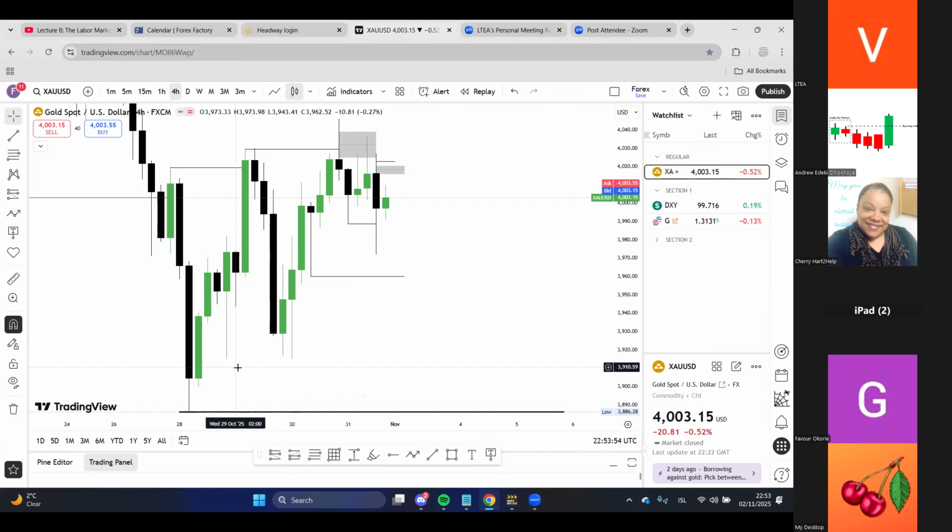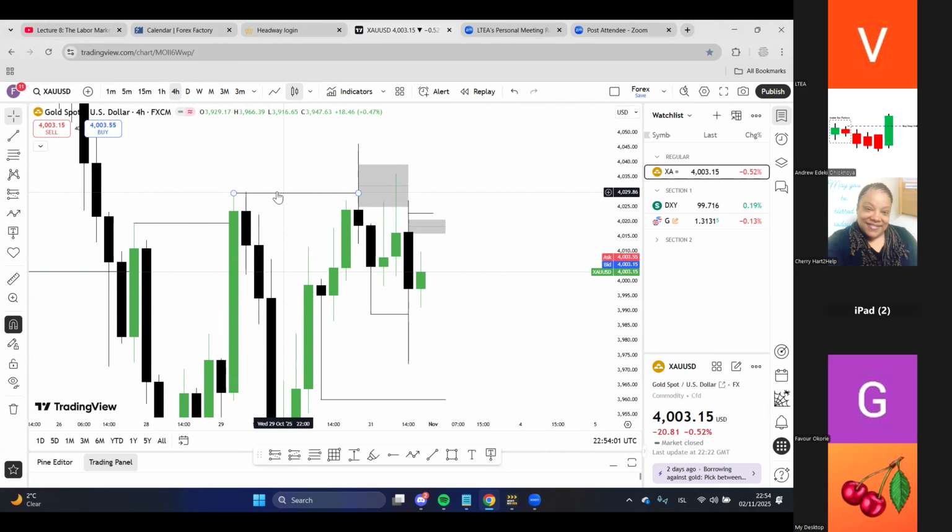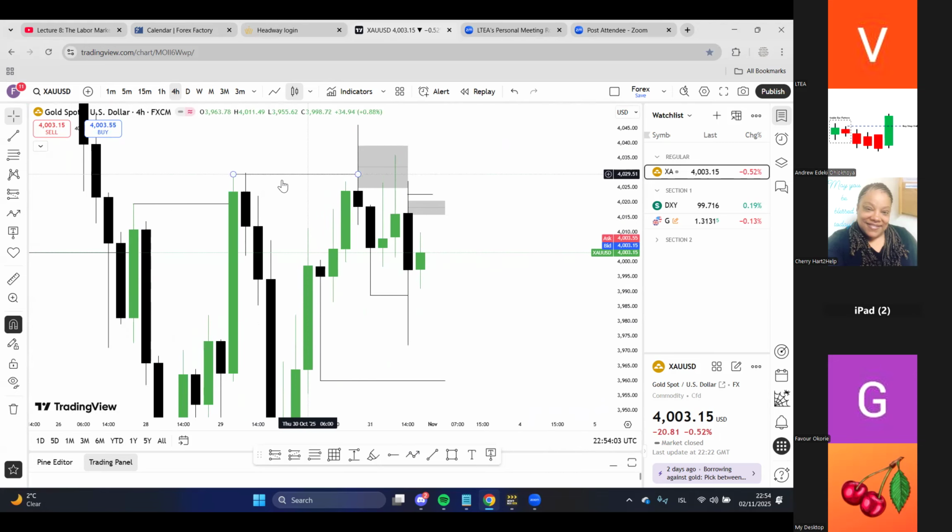So it came below this area and started moving higher, but it failed to break above this high. So you could have gone to the 15 minutes time frame to see what price did right here, if price is telling you that it wants to continue selling or not. But looking at this 4 hour, you cannot really say that it's telling you that it wants to keep selling, because this low will still be intact.